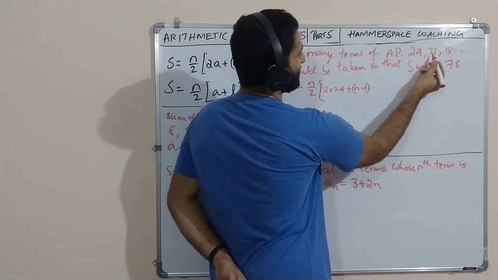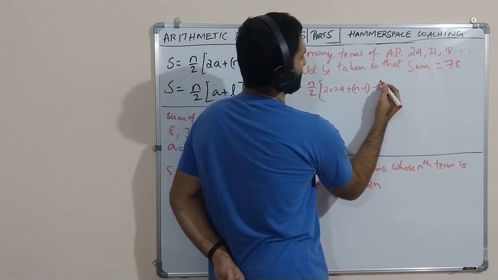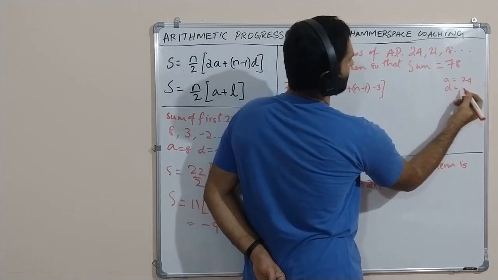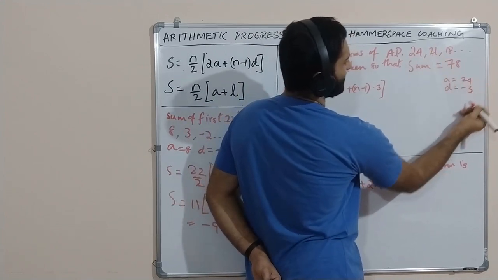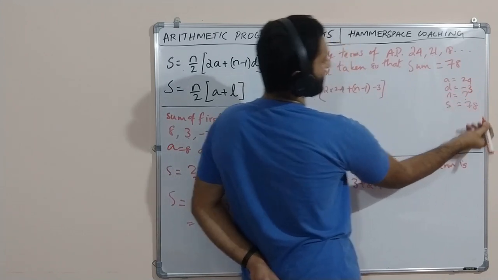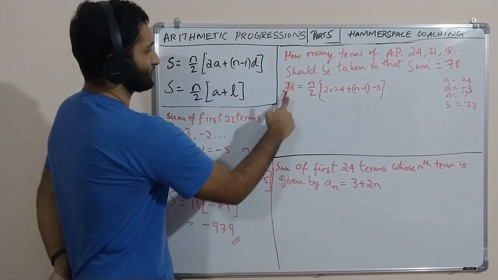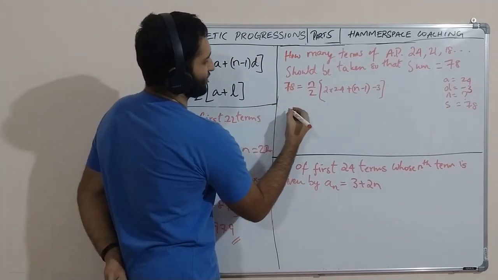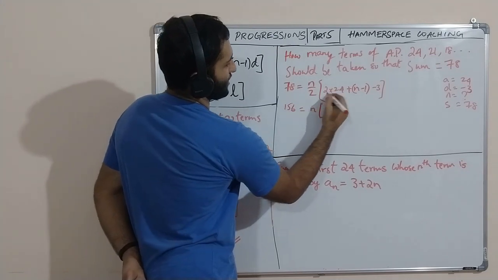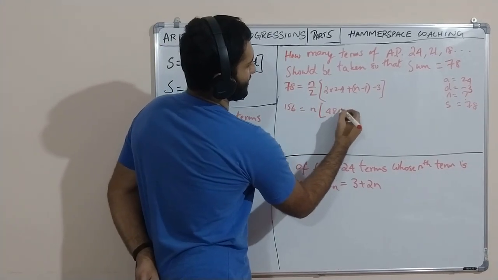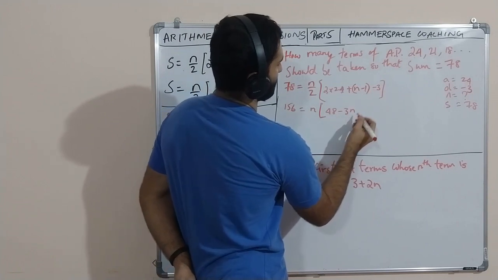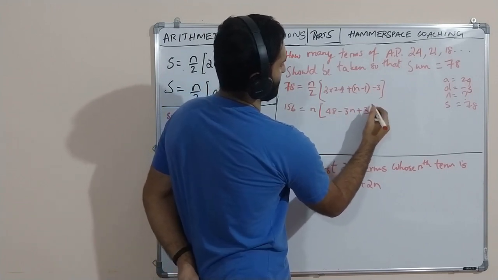What is D? D is 21 minus 24, minus 3. I quickly write here A equal to 24, D equal to 21 minus 24 is minus 3, N equal to we don't know, S is equal to 78. So we'll quickly take this to this side, so it will become 156 equal to N into 48 minus 3N plus 3.